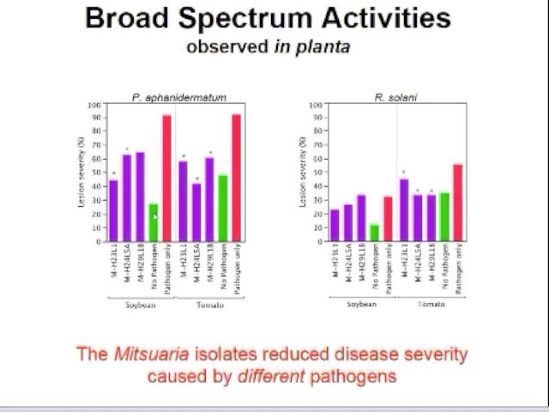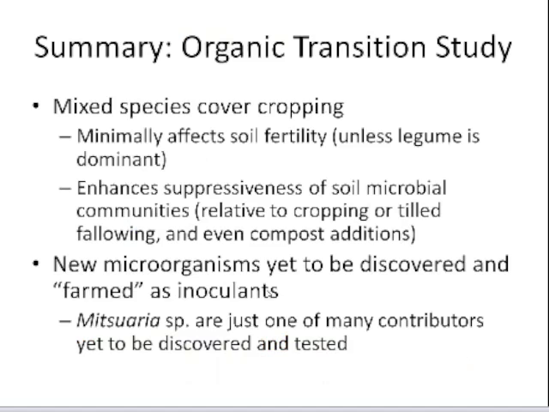Not to the level of the natural senescence that one sees in roots grown in soil, but significantly reduced from the levels of the pathogen only. This is an indication that these bacteria can significantly contribute to the biological control of these two different pathogens, and it's quite remarkable because it's active on two very dissimilar cash crops.